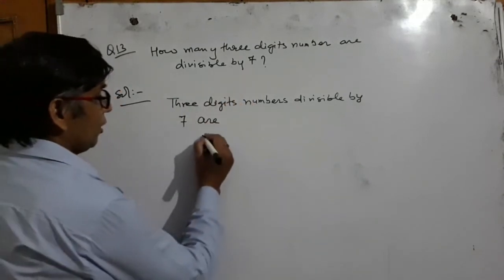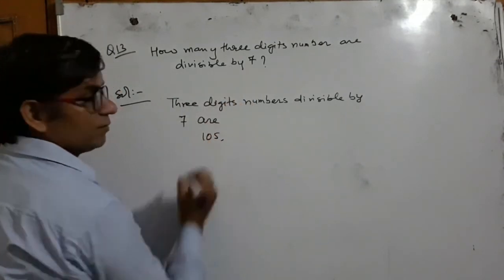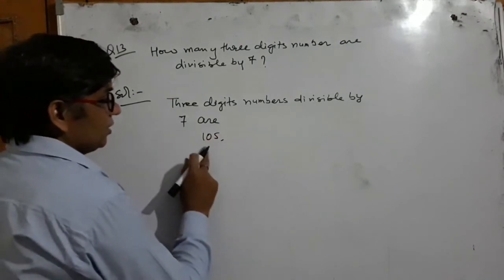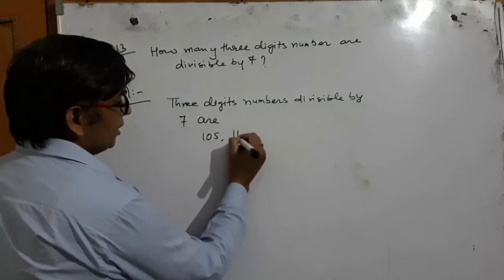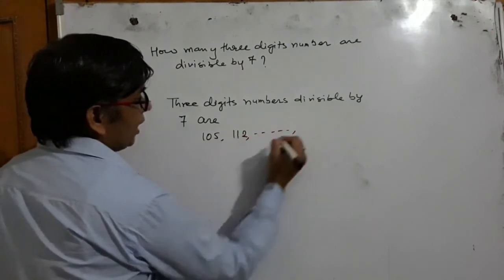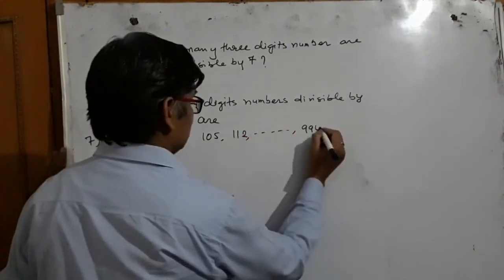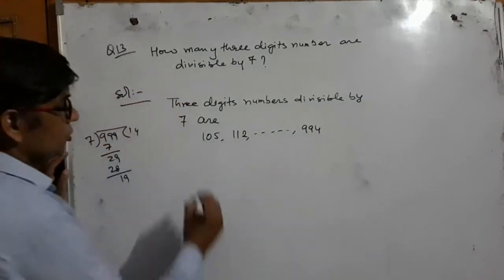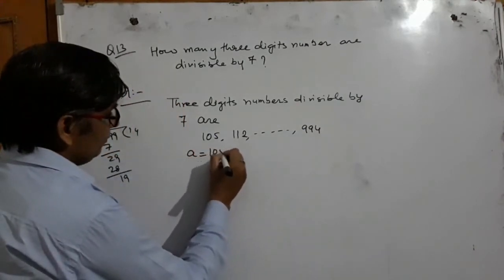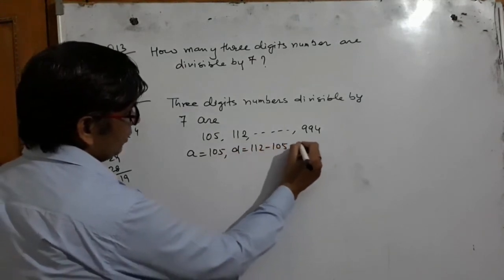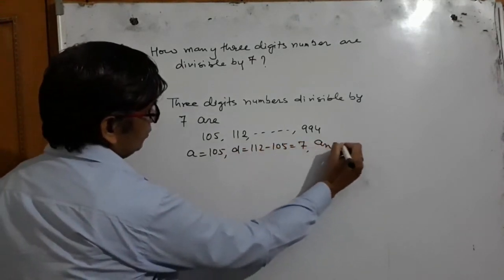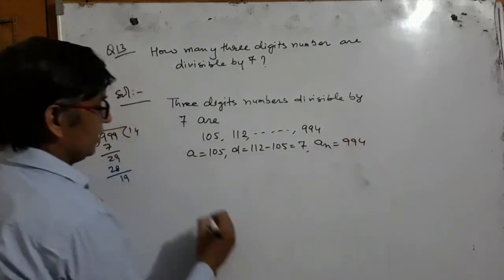Okay, so first number is 105 which is divisible by 7. Second is 112 and last is 994. So A is 105, B is 112 minus 105 is 7 and nth term is last term is 994.